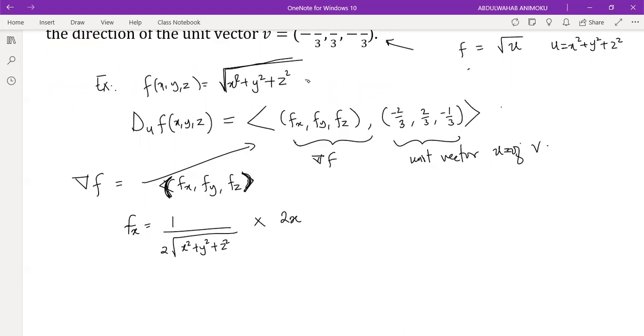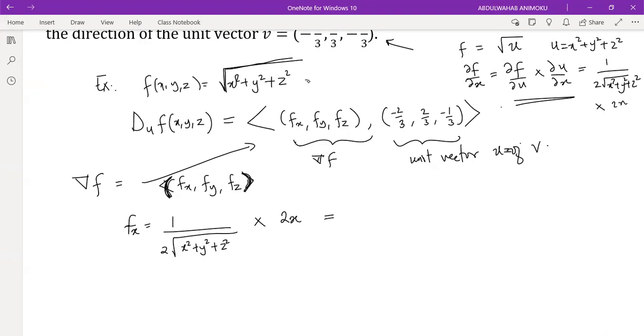For anyone who wants elaboration on this, just think of f as the square root of u, where u is x squared plus y squared plus z squared. Now you can use the chain rule to find the partial derivative with respect to x as the partial derivative with respect to u multiplied by du/dx. When you do this, you get exactly what I have here, 1/2 over the square root of x squared plus y squared plus z squared, and then of course multiplied by 2x.